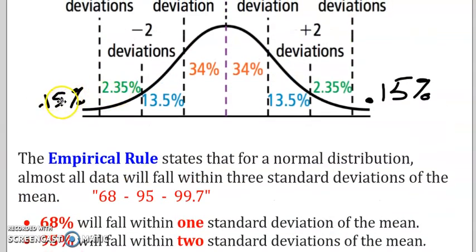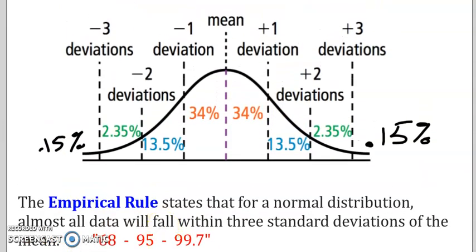These values, the 0.15, the 2.35, 13.5, and so on, will remain true for every single normal distribution. So as soon as you see the words normal distribution, you can automatically assume the 68, 95, 99.7 rule applies, which means you can automatically draw in your curve labeled accordingly.